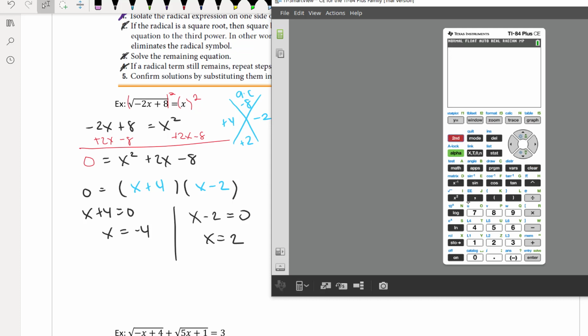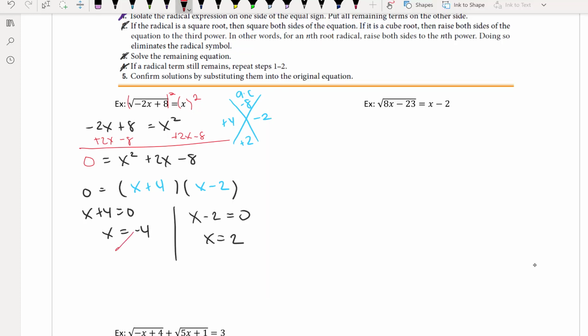So I have the square root of negative 2, and the x value that I'm plugging in now is negative 4 plus 8. So when I press enter, it should give me the x value. The x value should be negative 4. It's a positive 4, not a negative 4. So this answer doesn't work.